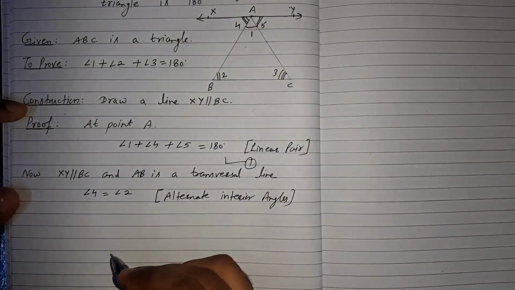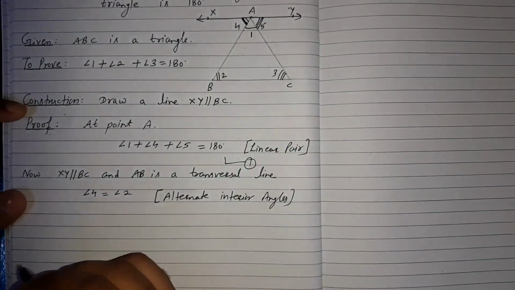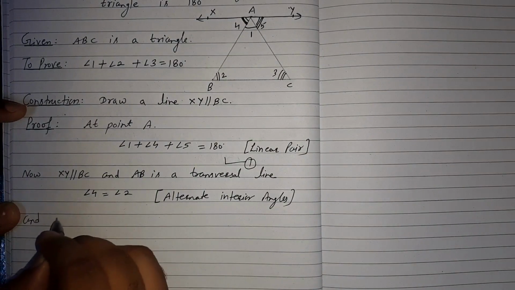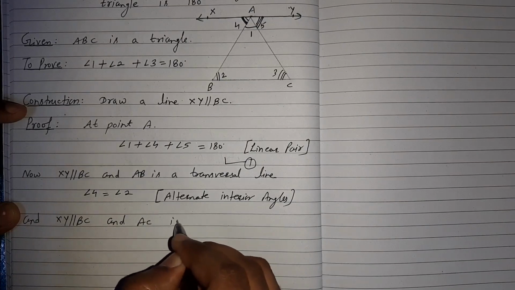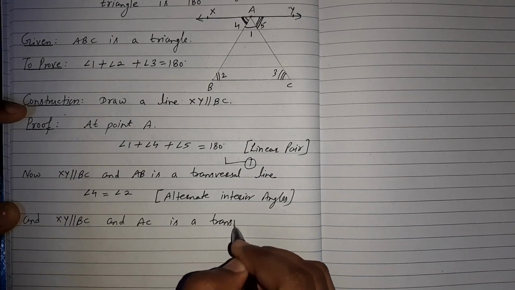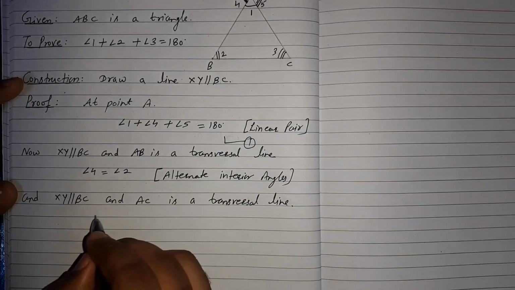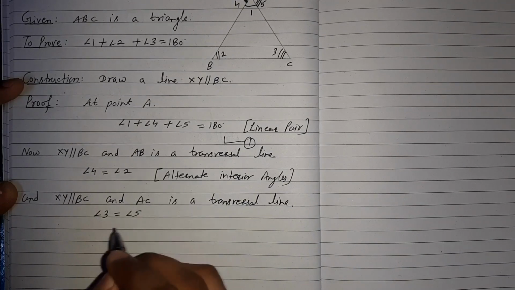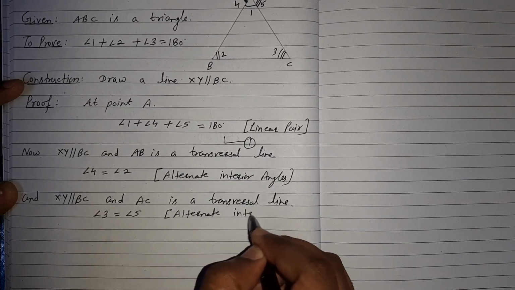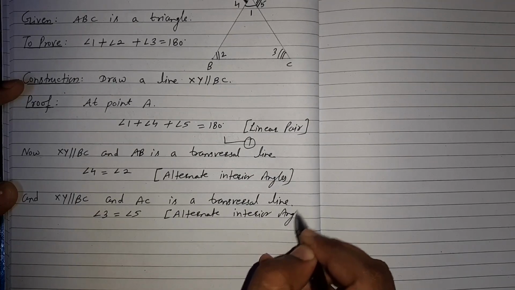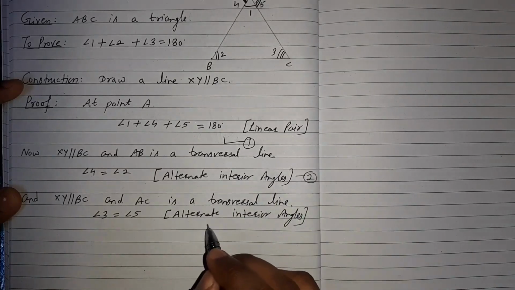It is a pair of alternate interior angles. This is equation number 2 and this is equation number 3.